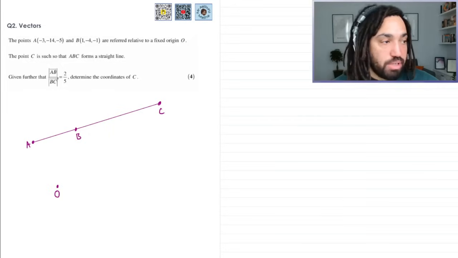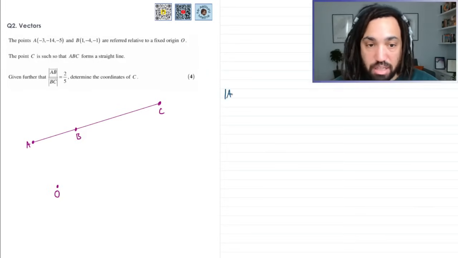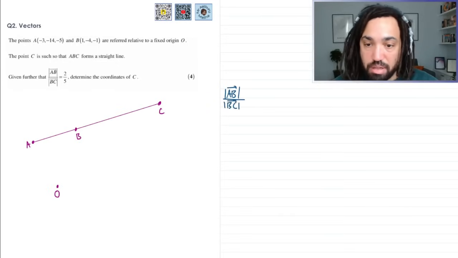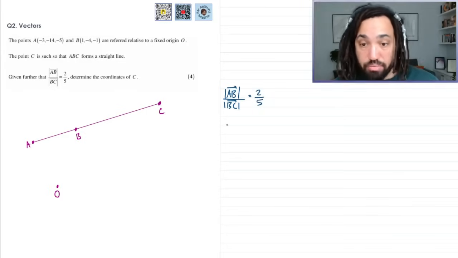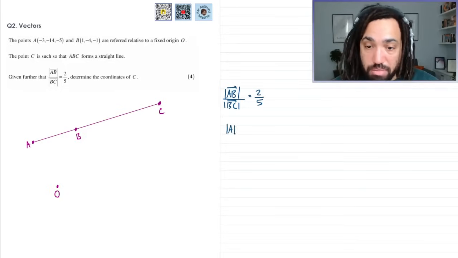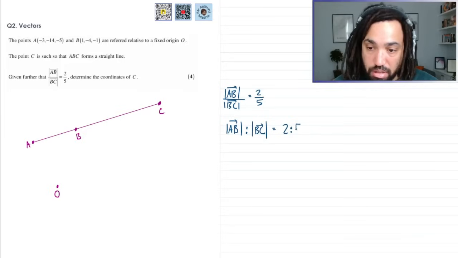We're going to have to use this information about the two magnitudes. So I'm going to write that, as it says here, the magnitude of AB over the magnitude of BC is equal to 2 over 5. So as a ratio between the two, we know that the magnitude of AB to the magnitude of BC will be the same as 2 to 5.